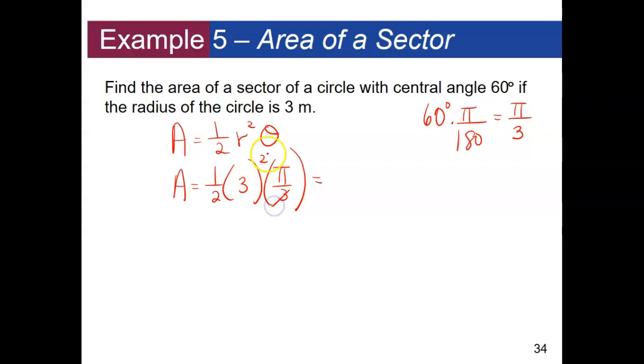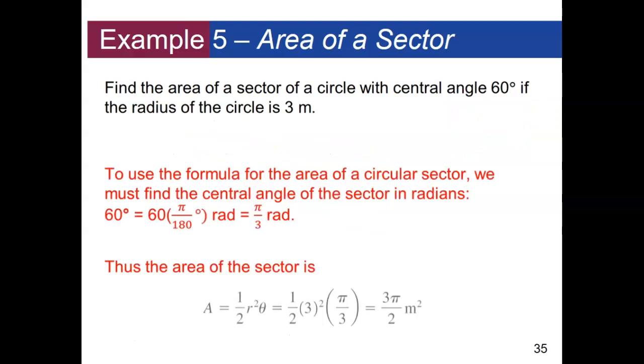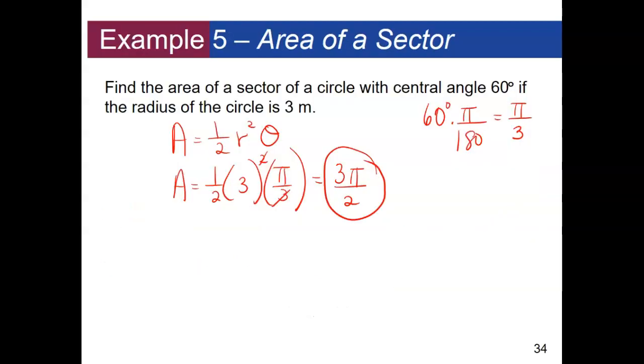One of our 3's is going to cancel, so we have 3 pi over 2 for our answer. And we don't need to forget our units. Our radius is in meters, so this would be meters squared for our area.